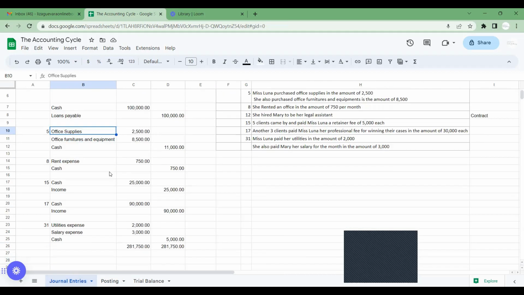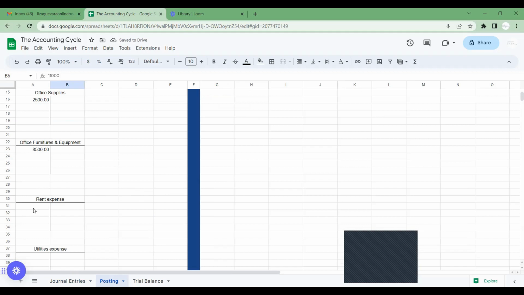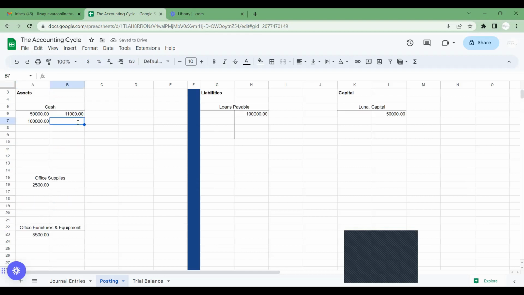So next we have rent expense and cash. Debit rent expense and credit cash of 750. So that would be here, rent expense 750, and credit cash of 750.